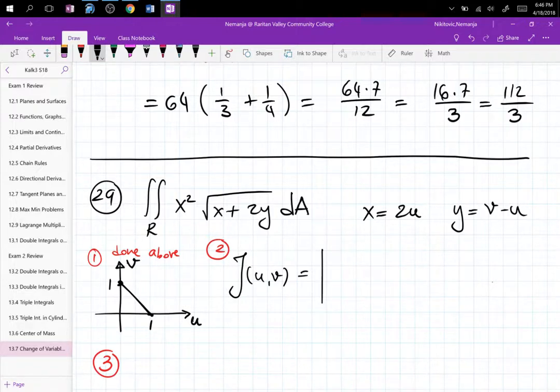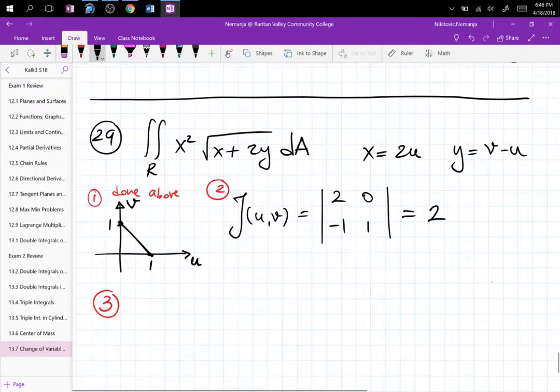Partial x partial u is 2, partial x partial v is 0, partial y partial u is -1, partial y partial v is 1. Jacobian is 2. You just have to memorize the formula for Jacobian, and everything goes smoothly after that.